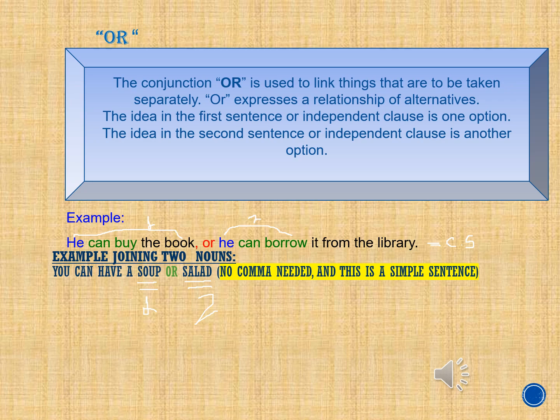So he can borrow, can is a modal, can borrow only one verb. It refers to the book. From the library is my complement. So I have only one sentence. The name of this sentence is compound sentence, and I have two independent clauses joined by a coordinating conjunction called or.